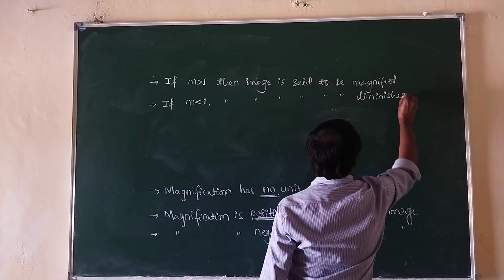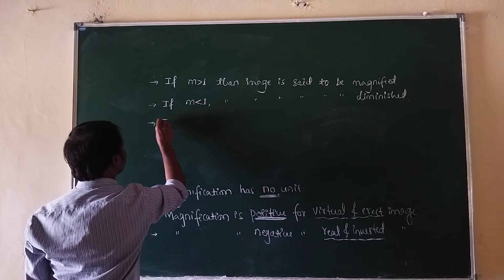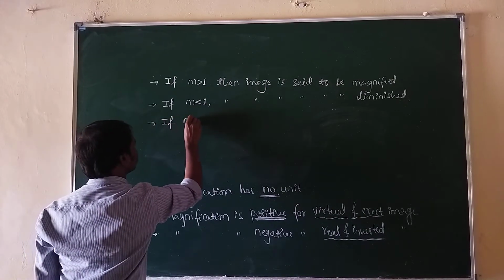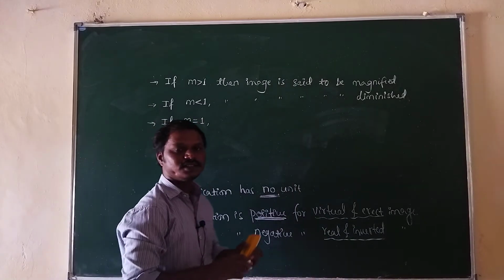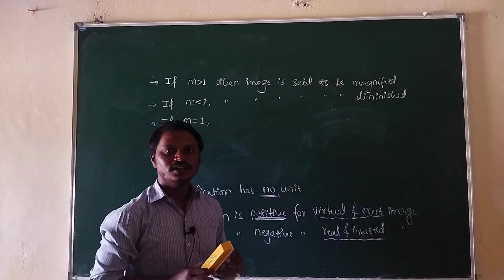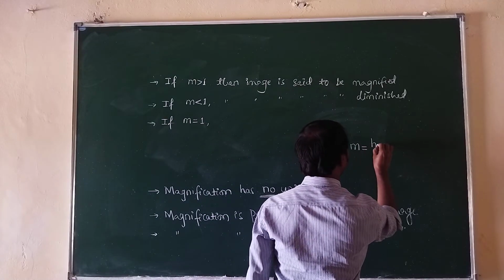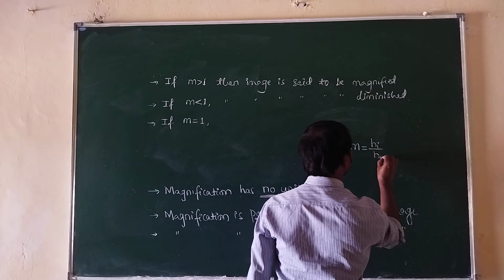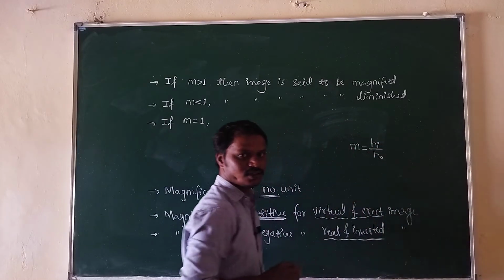And next point. If m is equal to 1, then the numerator and denominator are both equal. Once again, what is magnification? It is the ratio of height of the image to the height of the object. If hi and ho are both equal, then we get the answer 1.